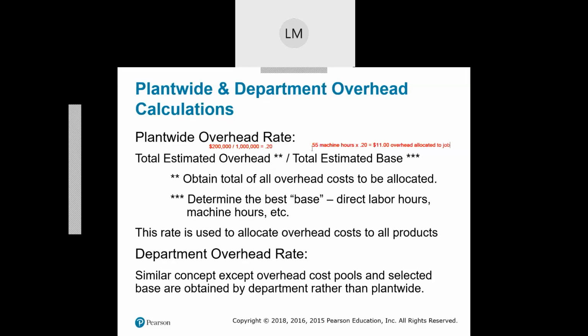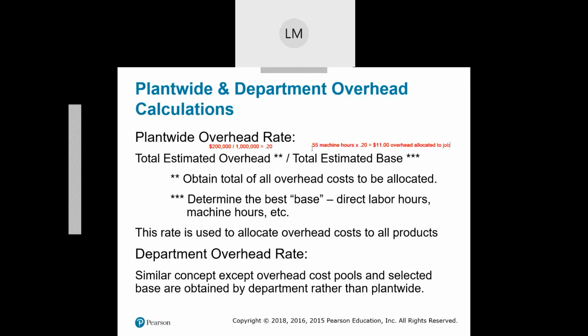overhead rate. Very similar in concept, but each department will have its own overhead cost pool and its own allocation base. For example, we have Department A, whose best allocation base may be direct labor hours, and Department B, where the best allocation base is machine hours.